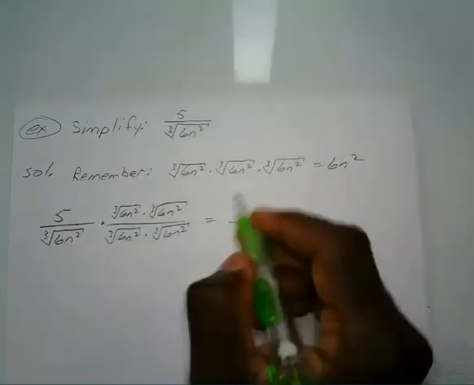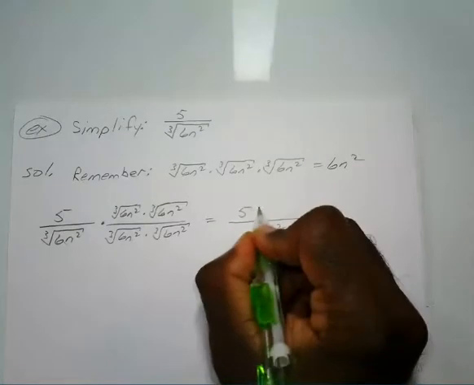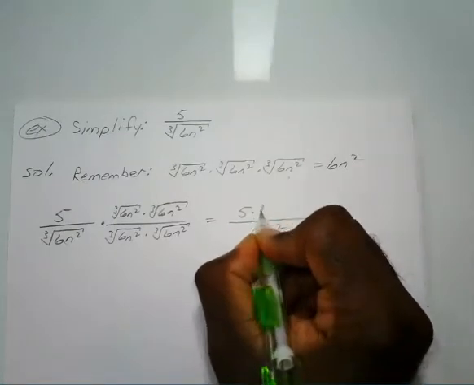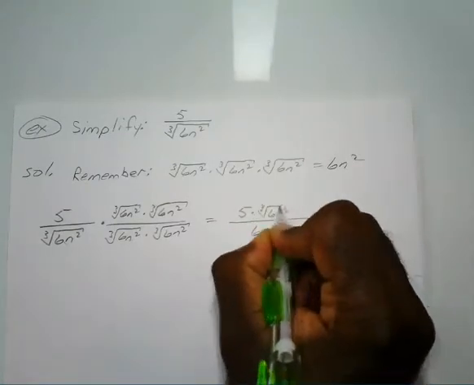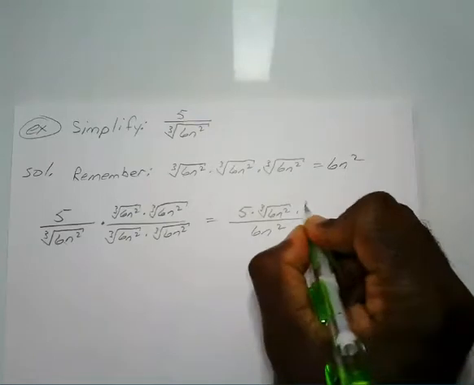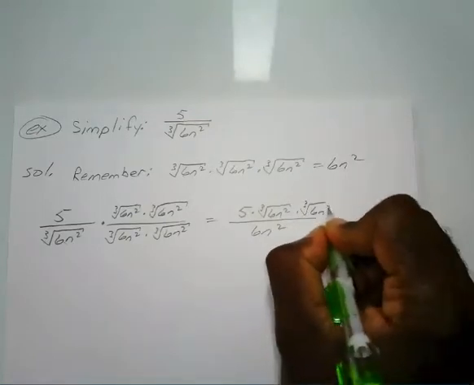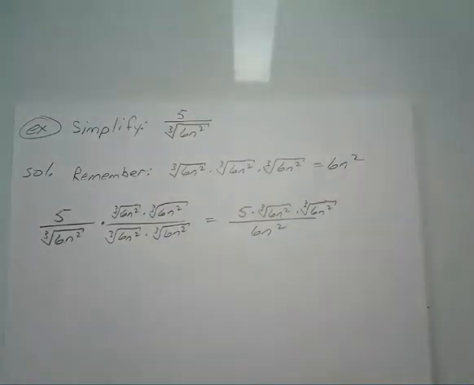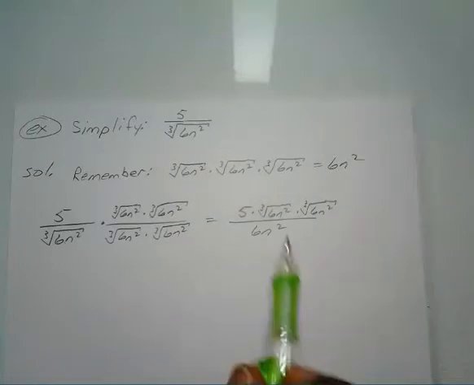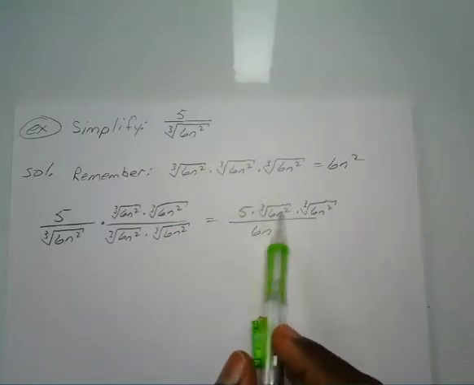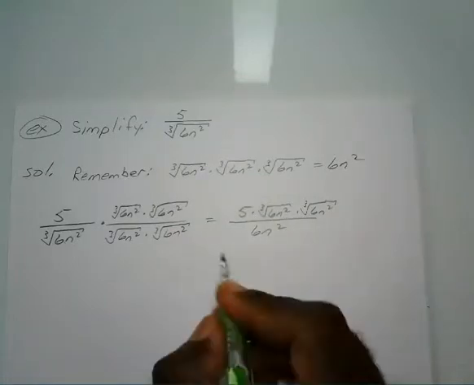Okay, so that leaves us with our numerator of 5 times the cube root of 6n squared times the cube root of 6n squared. Okay, now since both of these have the same index, we can go ahead and combine them.